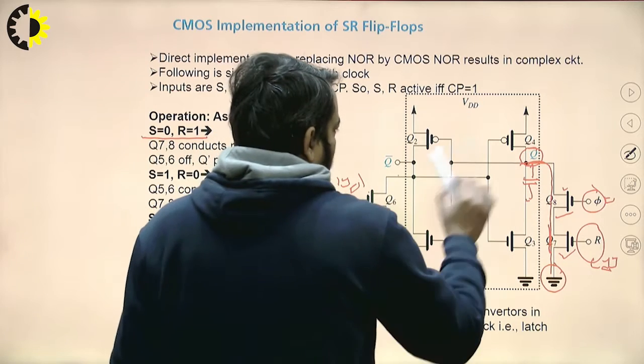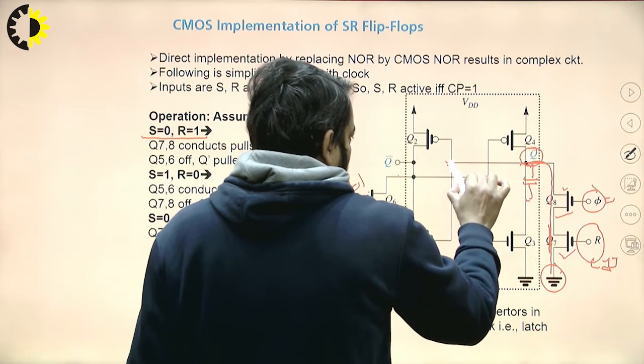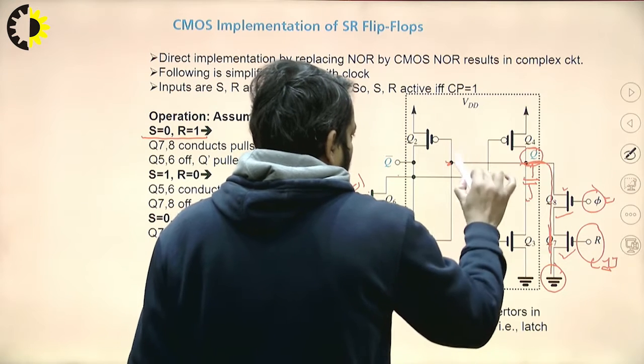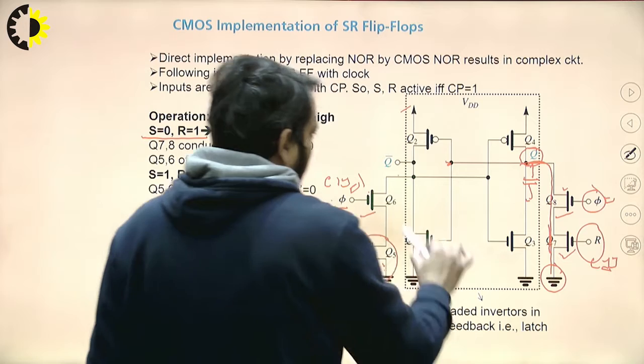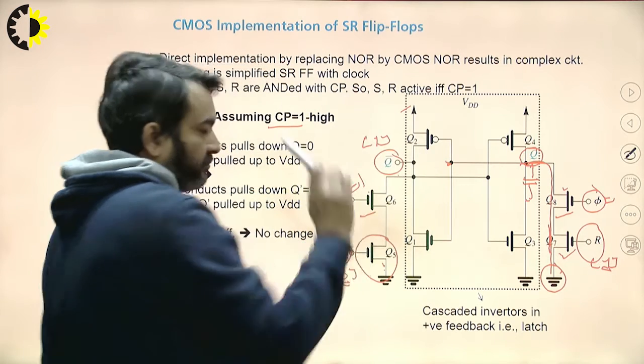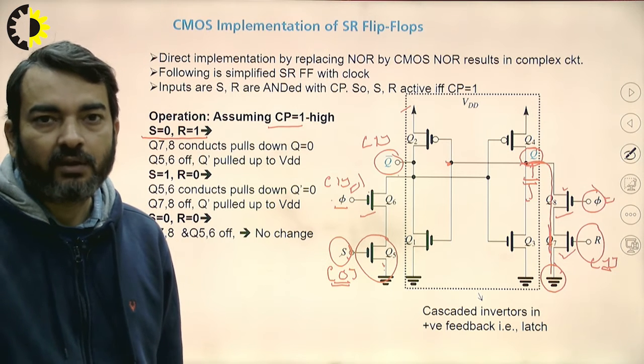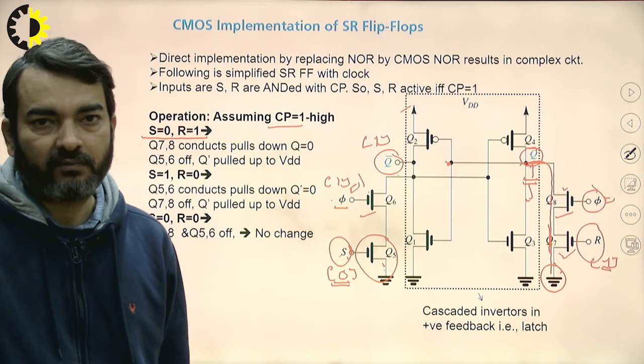The moment this is 0, this 0 will be the input of this inverter, which will make Q bar 1. So this verifies the operation of the SR flip-flop.